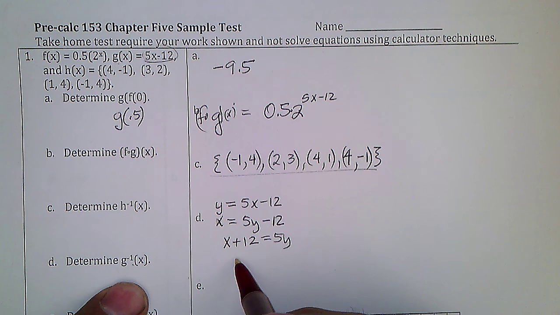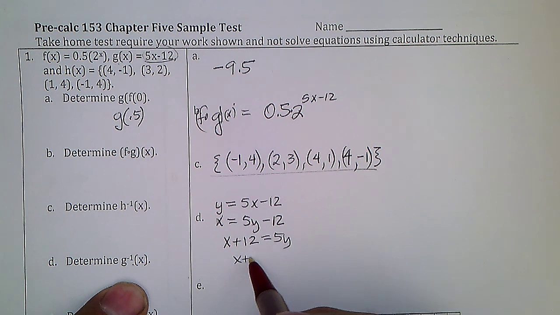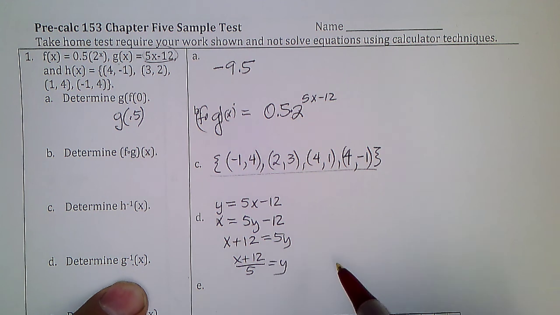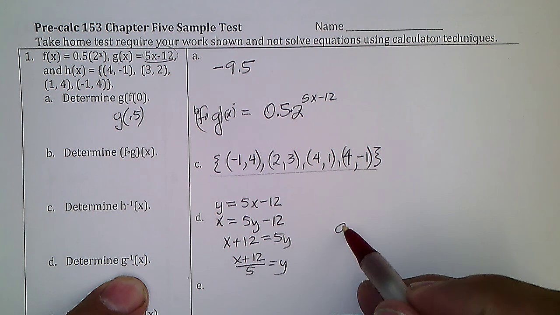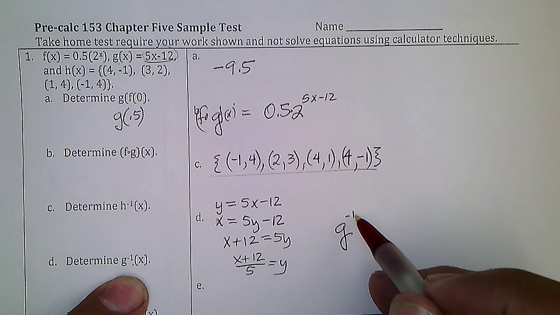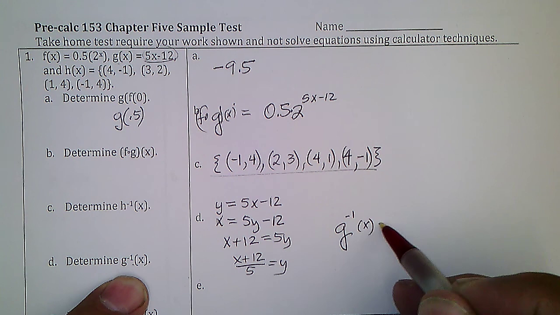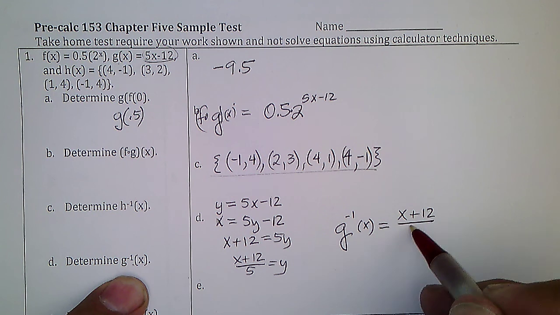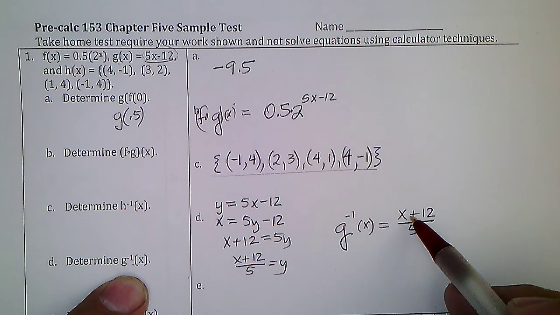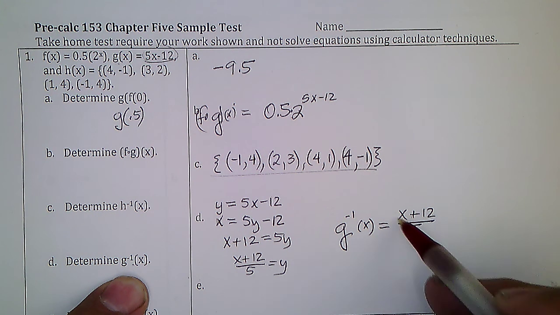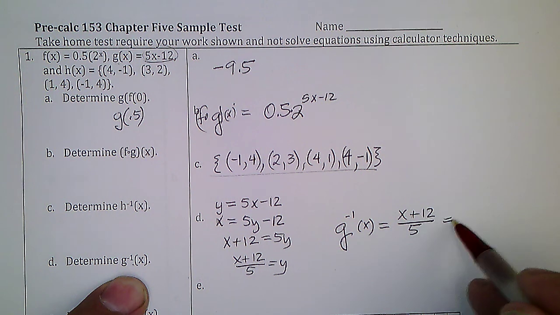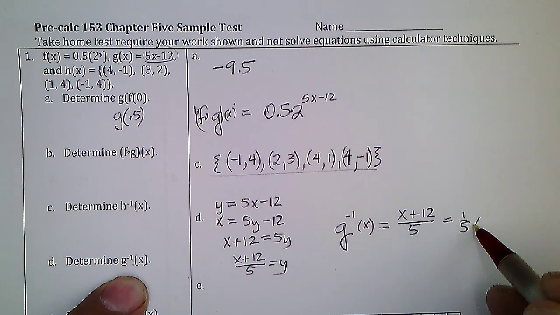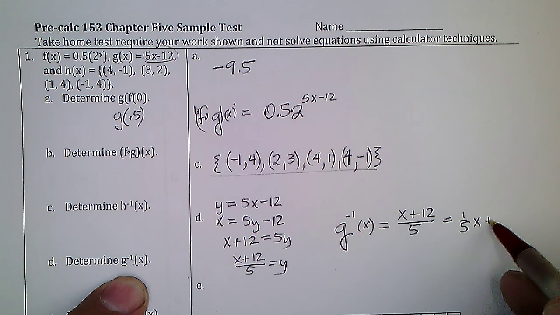Divide both sides by 5. And then write it as g inverse. G inverse of x is (x plus 12) over 5. And since the addition's in the numerator, you can distribute the 5 to each of these, and it'd be 1/5 x plus 12/5.